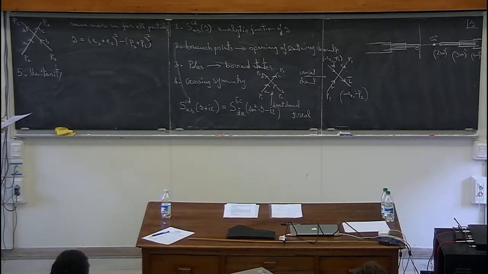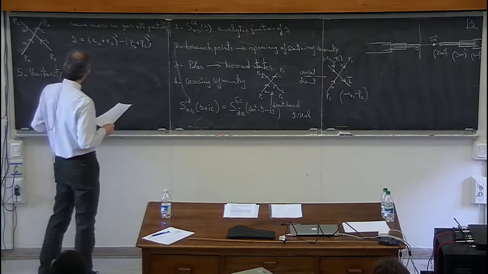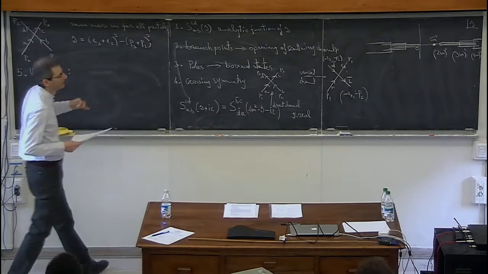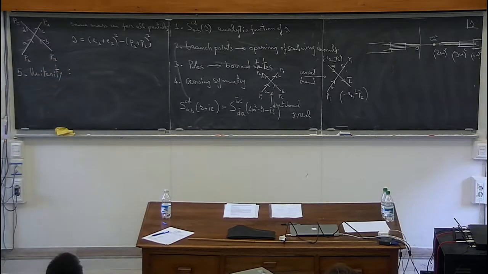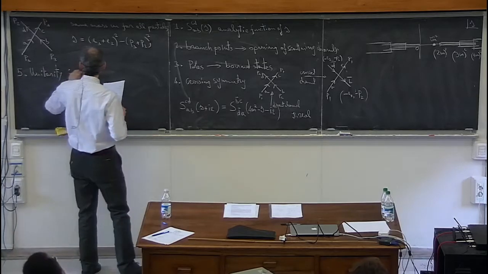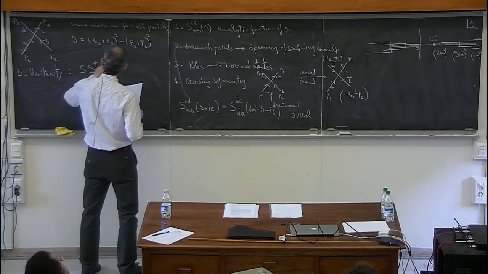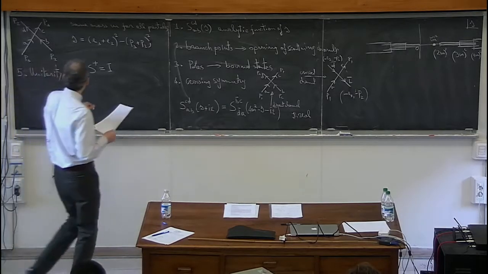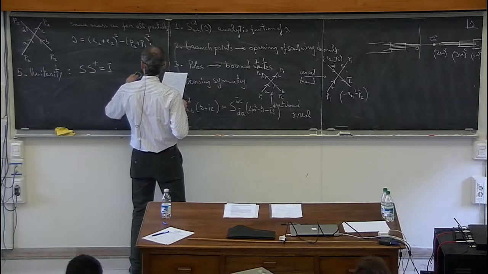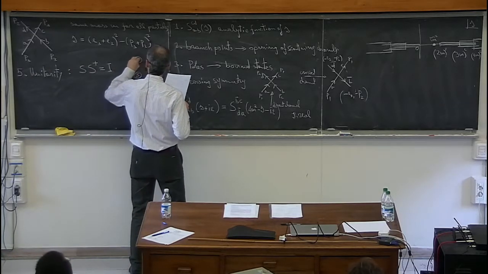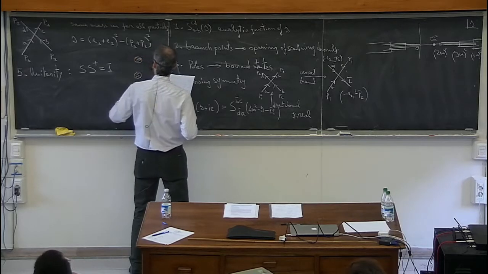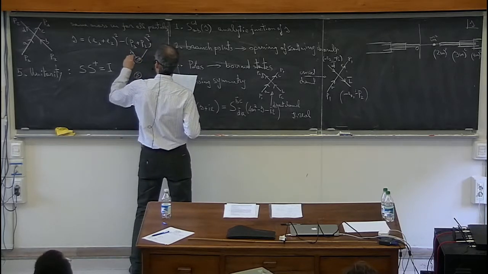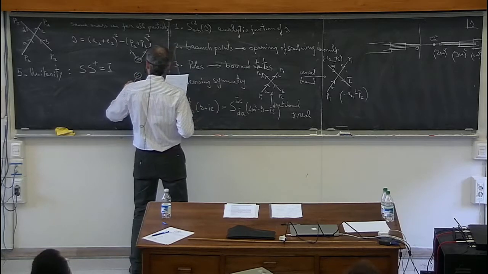Then unitarity. Unitarity is a very fundamental property of the scattering amplitude. The scattering operator is performing essentially time evolution, so it is a unitary operator. You have this, and in matrix elements you can represent it pictorially in this way, with a dagger.